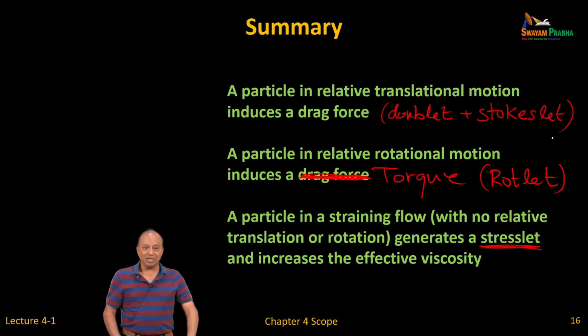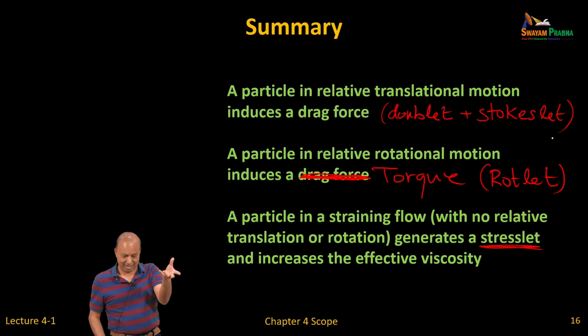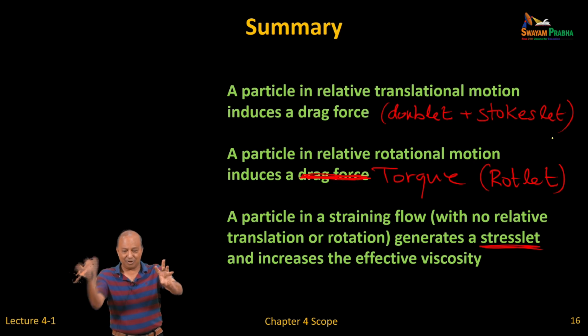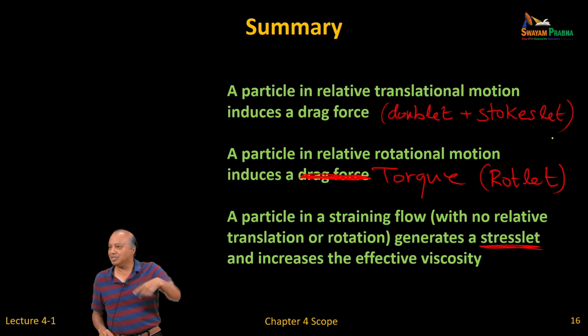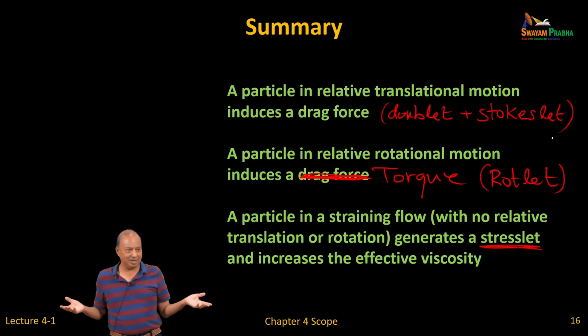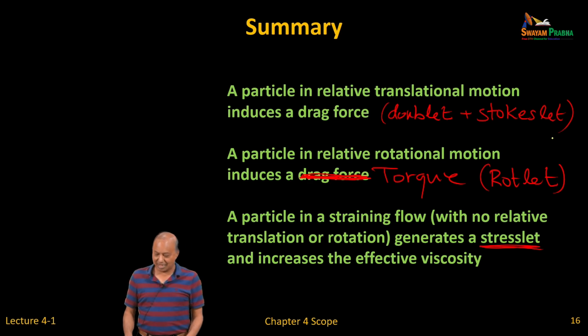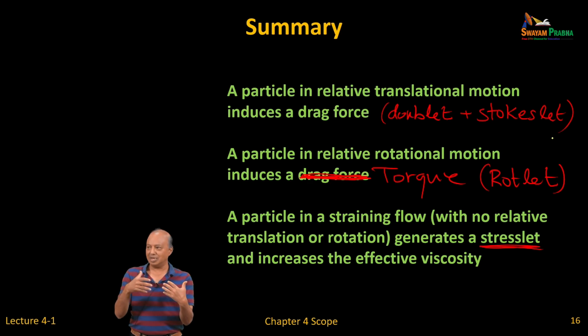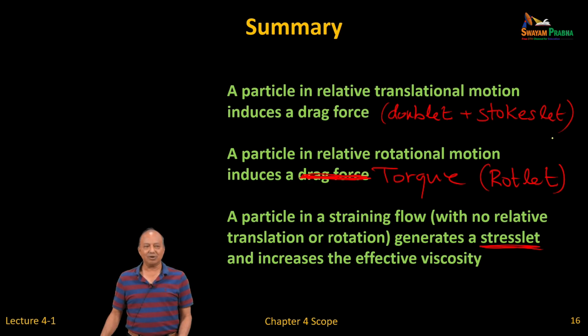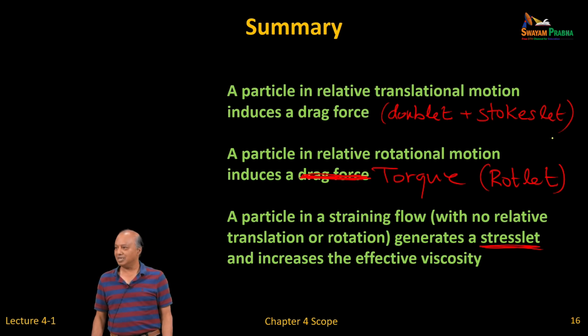For the rotational problem there is also a time scale, and they are related: how fast a particle stuck in a rotating flow will catch up and start rotating with the surrounding fluid. Once it goes with the surrounding fluid, there is no more torque. And the last thing is, if you subject a particle to a straining flow, it will create a stresslet and it will increase the viscosity. So, those are the 3 simple lessons.